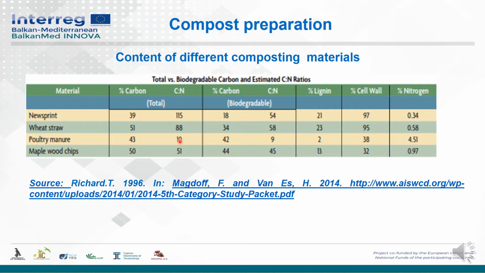With straw, and so on, one by one you can see, for example, poultry manure has a carbon percentage of 43%, and the carbon and nitrogen ratio is 10.